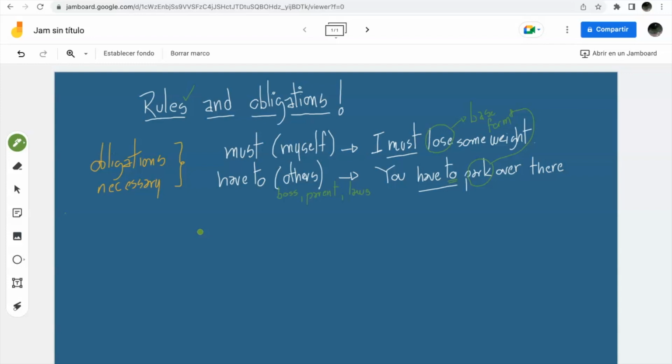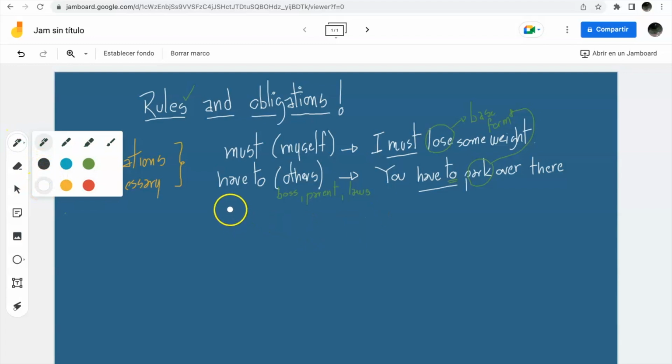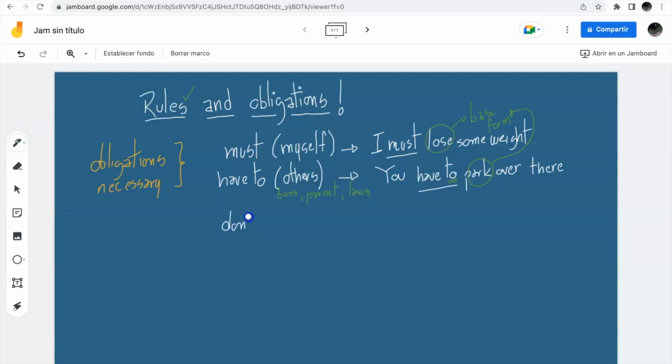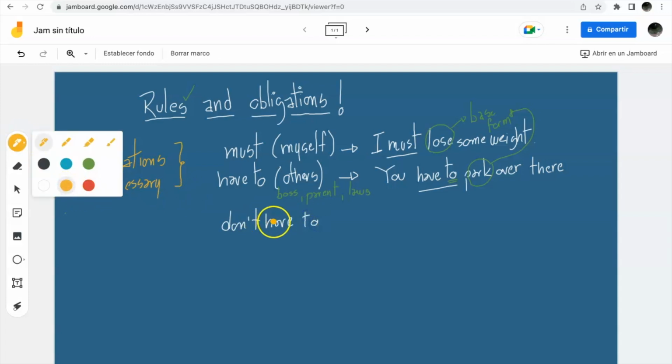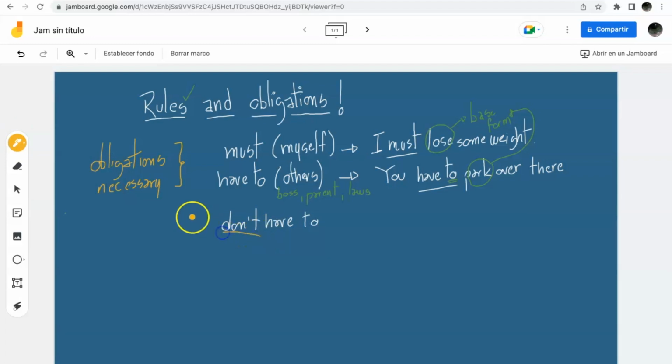Then what about when we use don't have to? Well, actually, this is the opposite, right? Don't have to is used when something is not necessary.